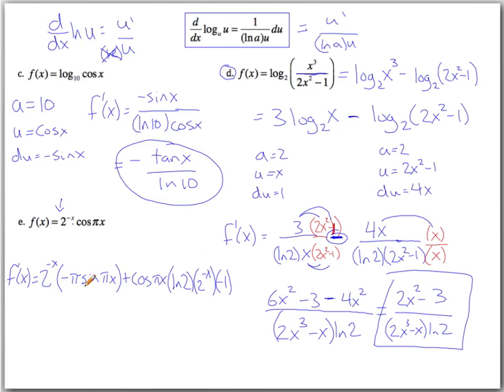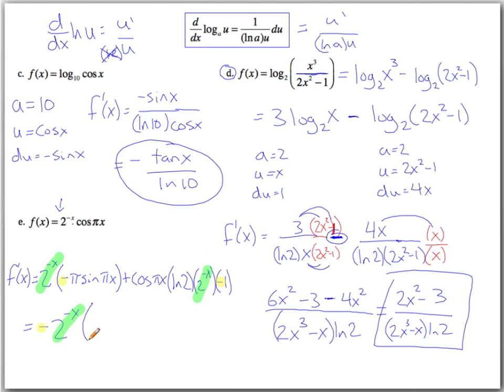Okay, and let's clean this up a bit. It looks like each of these have a factor of negative 1 and of 2 to the negative x. So let's pull out a negative 2 to the negative x. Okay, so here's the negative in all of those. And then here's the 2 to the negative x factor right there.